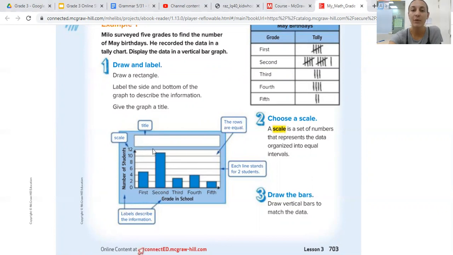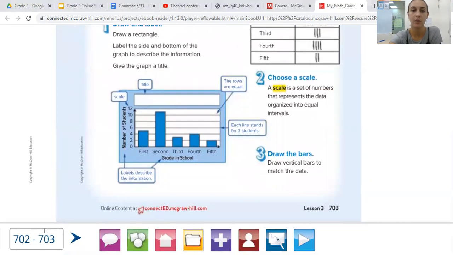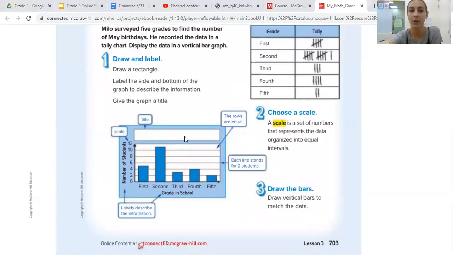Okay. We also need a title here. What is our title up here? May birthdays. So we would put May birthdays up here as well. And then you draw the vertical bars to match the data. So first grade had 5. So I know I need to go up to 2 and up to 4 and then halfway between 4 and 6.